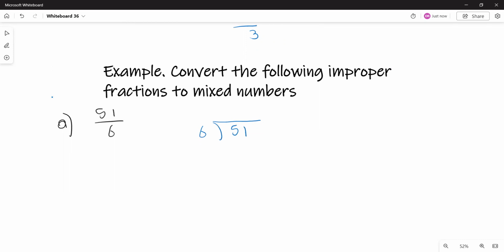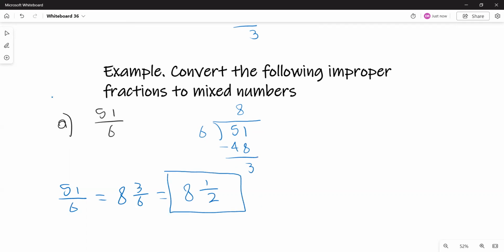Okay, so we know that 6 times 8 is 48. And then 51 minus 48 is 3. The quotient is 8, and the remainder is 3. So 51/6 is not 6, it's 8 and 3/6. And we can always simplify the fraction part. 3/6, you know that this is 1/2, so this is the same as 8 and 1/2. So that is going to be the mixed number.